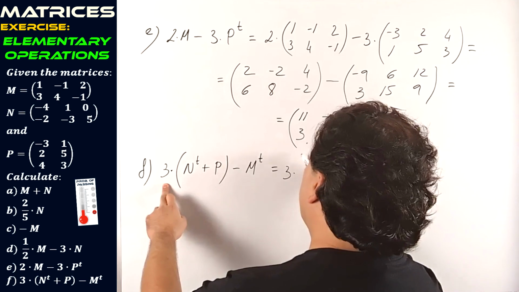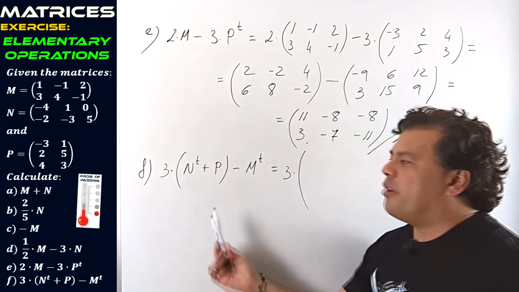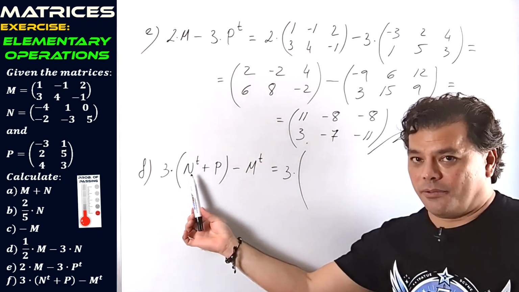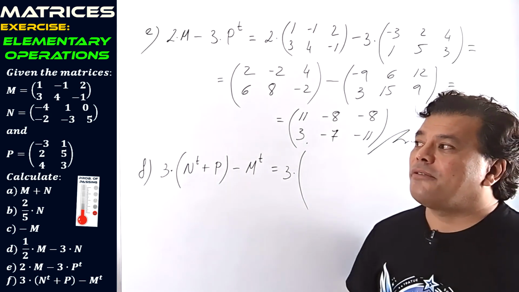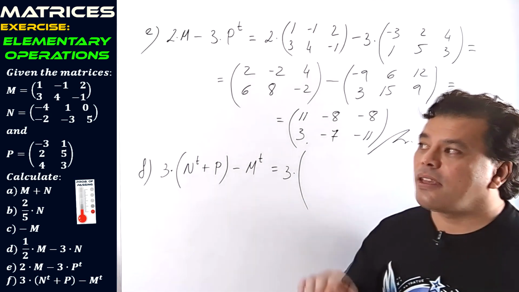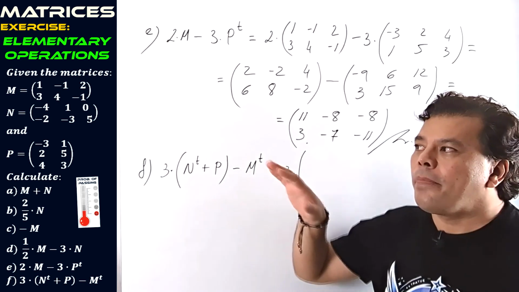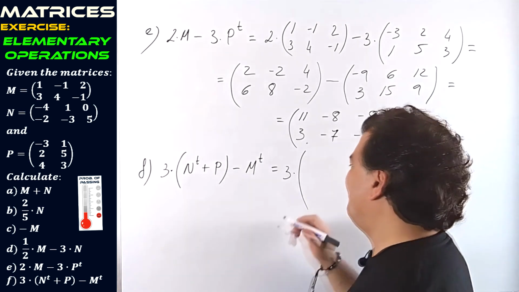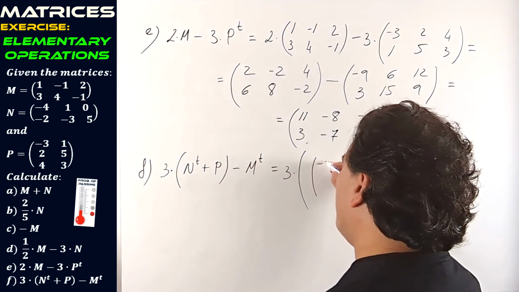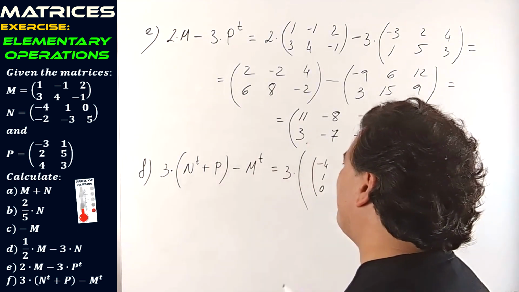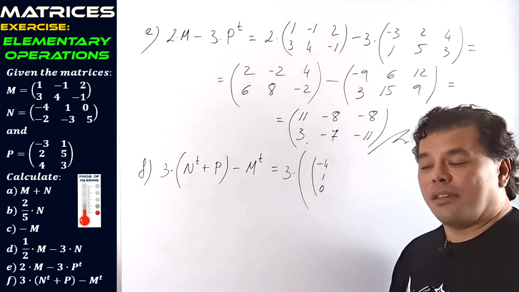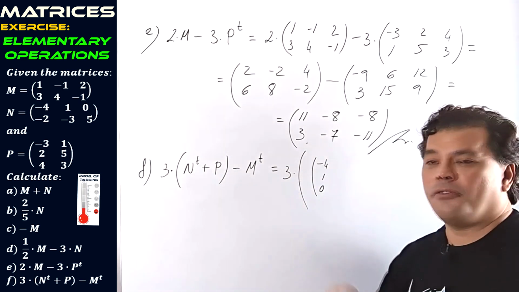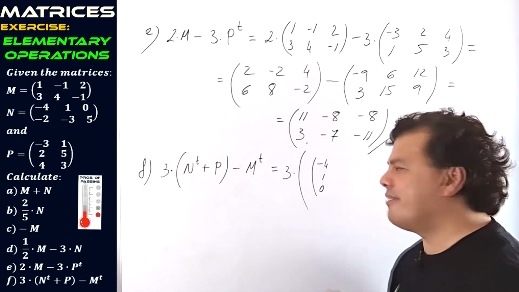3 times. Let's bring matrix N but transposed. As you can see, the first row of matrix N is negative 4, 1, 0, but here you have it in the form of a column. Negative 4, 1, 0. Now the second row, negative 2, negative 3, 5, but in the form of a column.